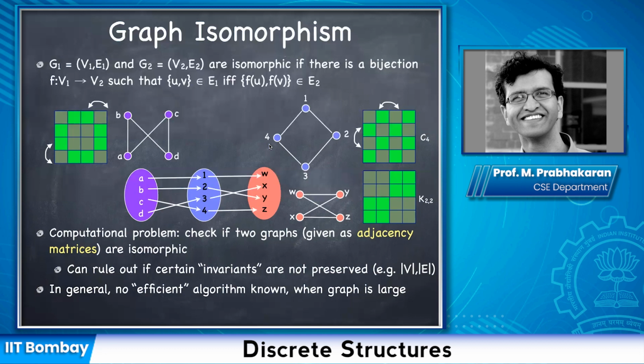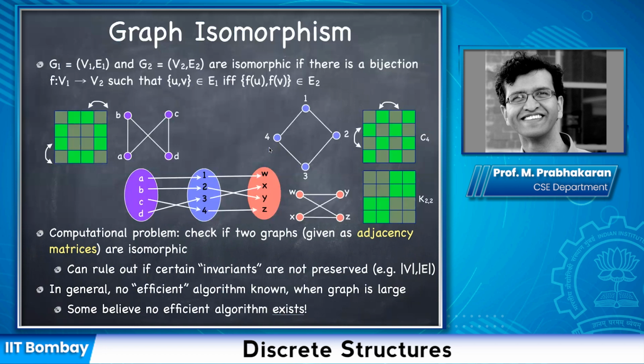So we will not formalize these notions of efficiency right now, but there's just something to know that graph isomorphism doesn't have algorithms that are guaranteed to work on every instance quickly.